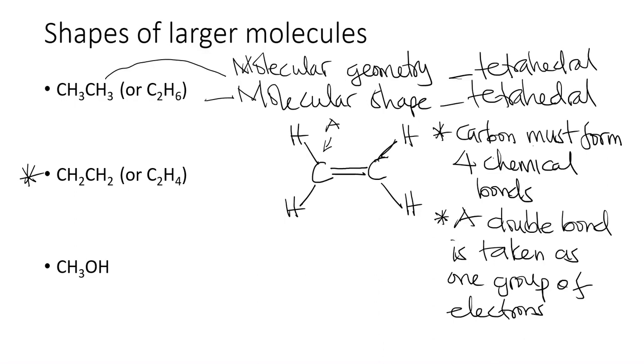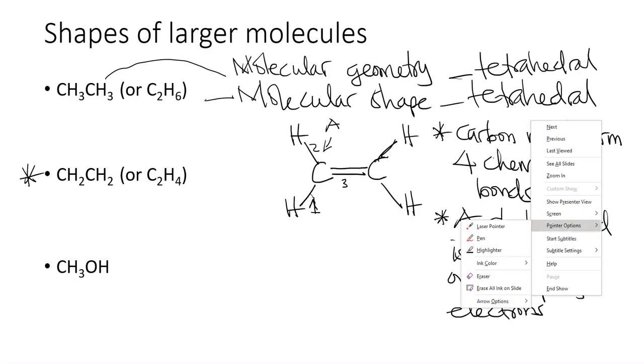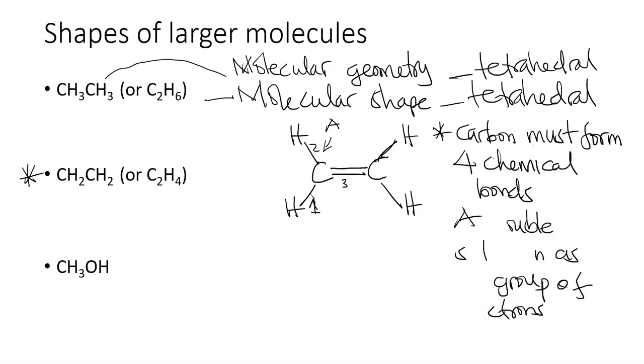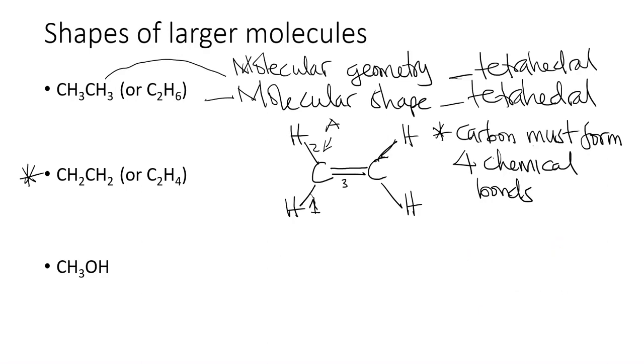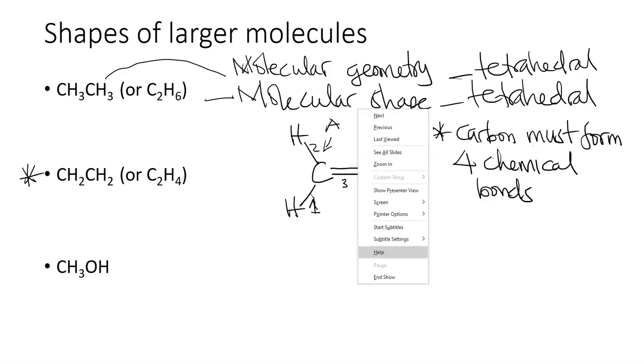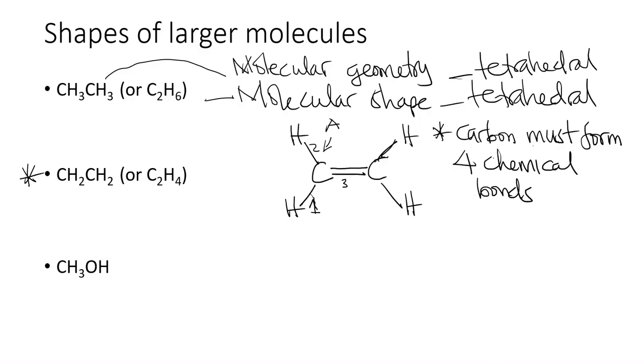So we have group 1, group 2, and group 3, because a double bond is taken as one group of electrons.